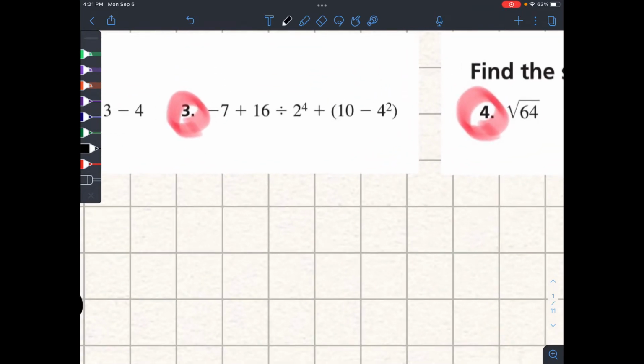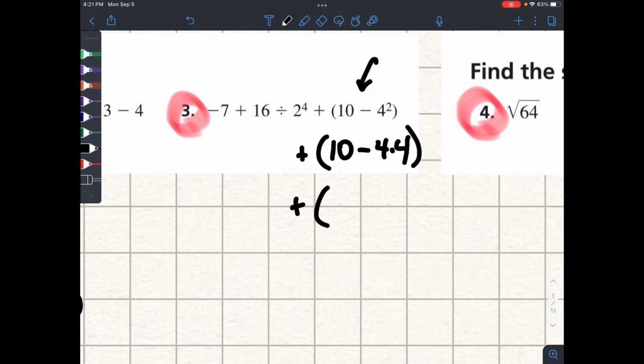Trying another one here. Again, go through, I've got a parentheses, we do this first. So what is 10 minus 4 times 4? So let's see, that is going to be 10 minus 16, so I think I'm going to get a -6.